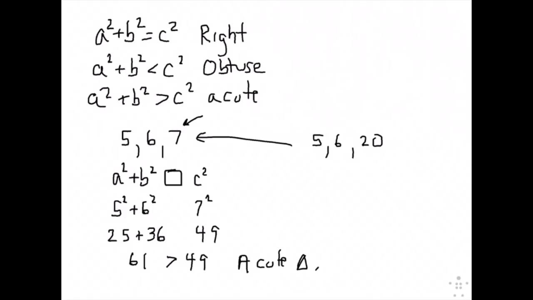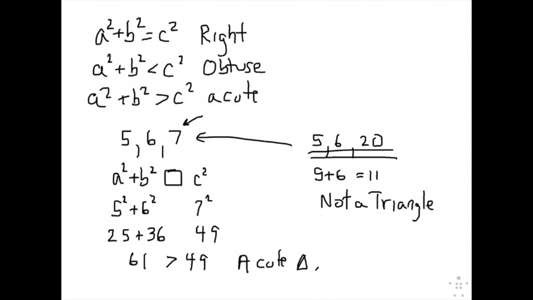In this case, 5 plus 6 is only 11, which is not even greater than the third side. So you would say this is not a triangle. You would not identify the triangle because it's not even a triangle.